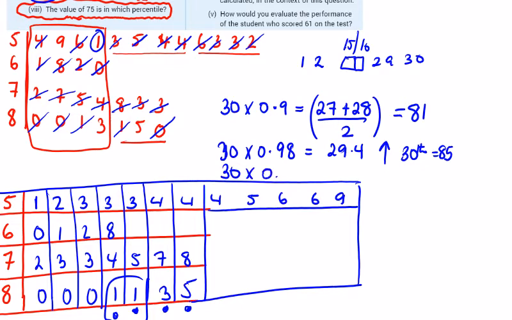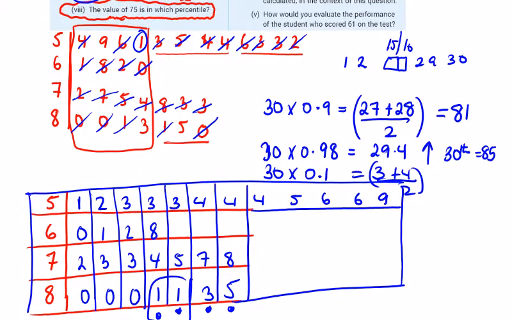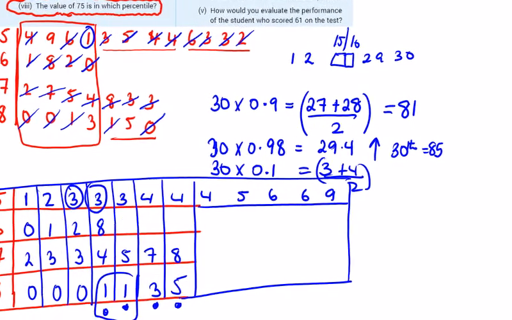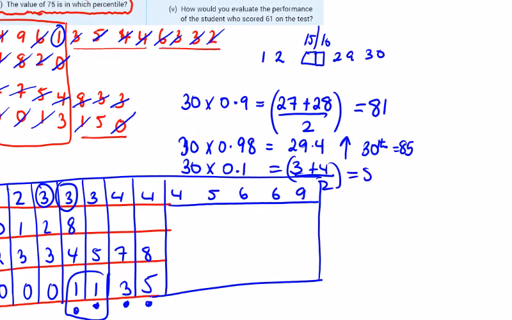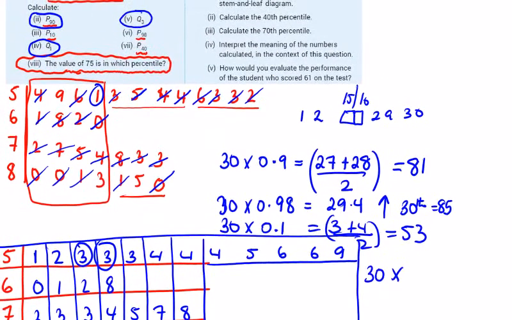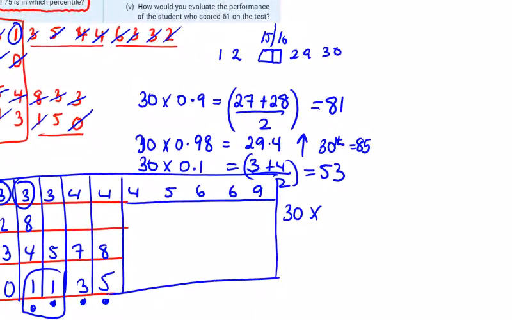30 by 0.1 is equal to 3. So we take the third and the fourth and divide by 2. The third and the fourth: 1, 2, 3, 4. So it's going to be 53. And then the 40th: 30 by 0.4 is 12.